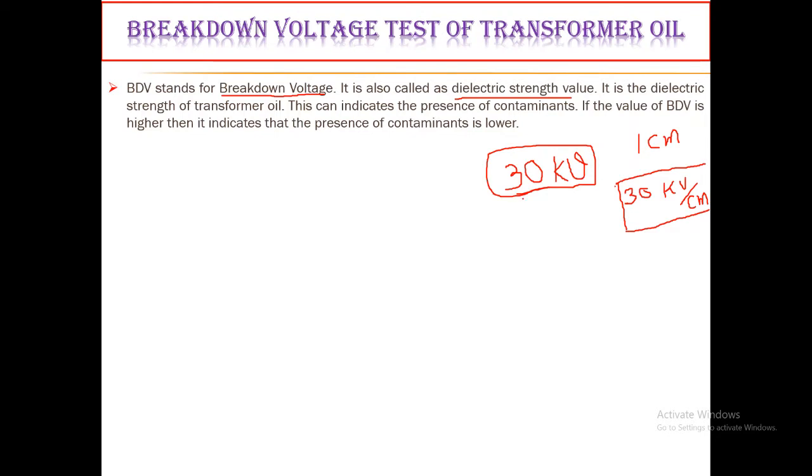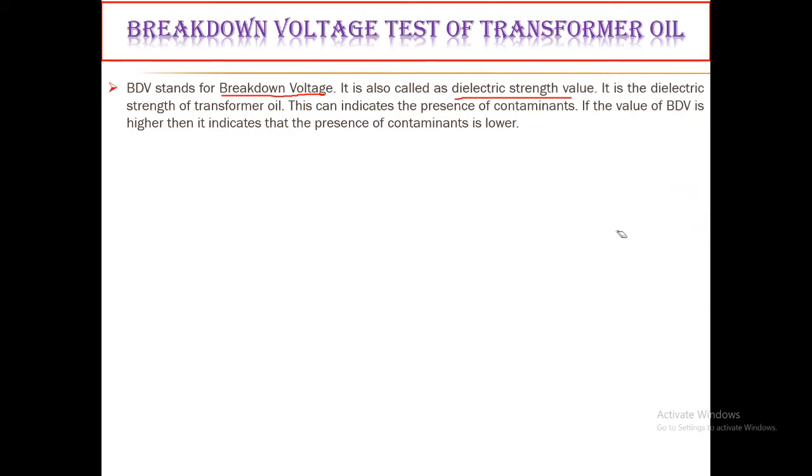But if one wants to reflect the value in terms of breakdown voltage, then it must be represented in kilovolts only. So if we consider this, there is no difference between the breakdown voltage and the dielectric strength. The only difference is the representation.